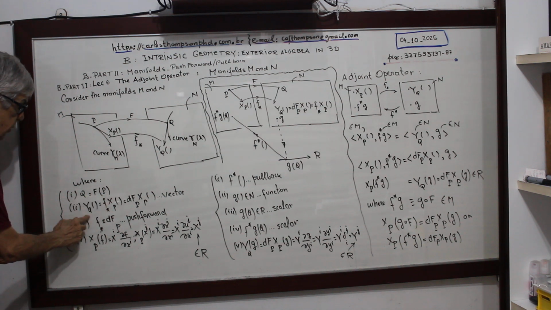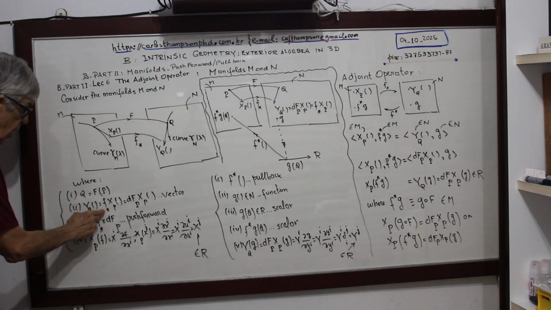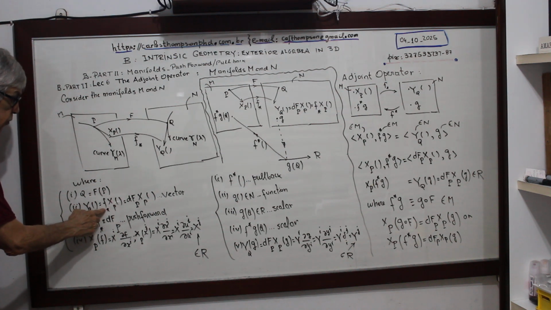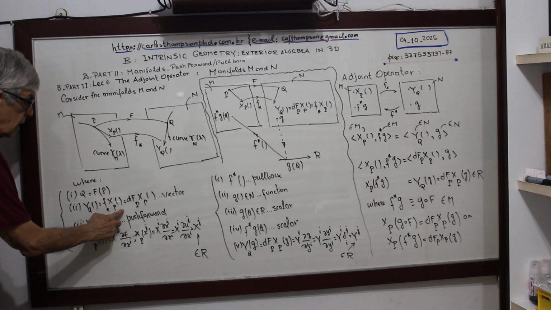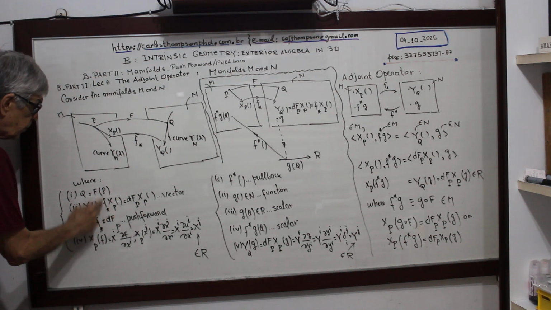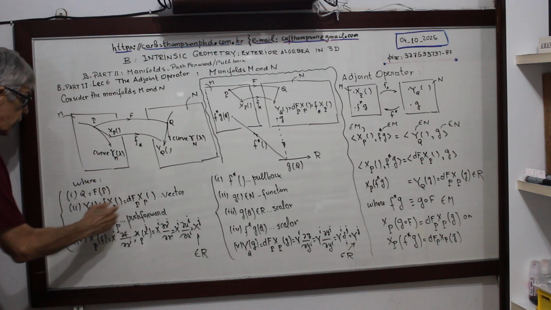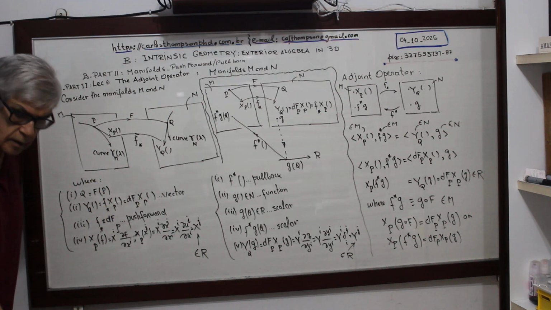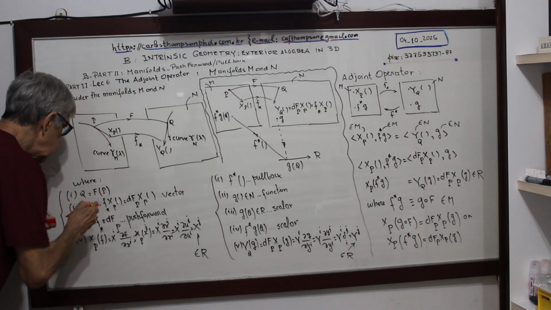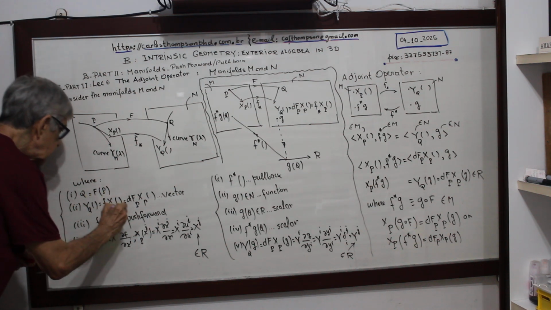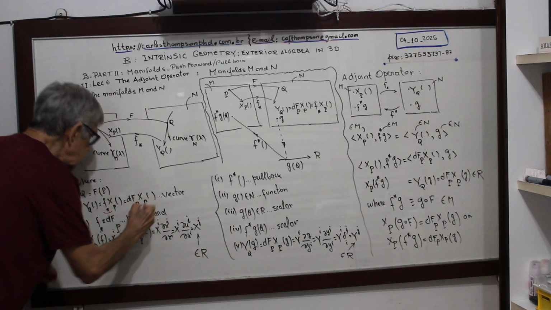So, YQ, you see, now there's a vector. This is a push forward operator on XP, and also another notation here is good to emphasize. You see exactly this one here.